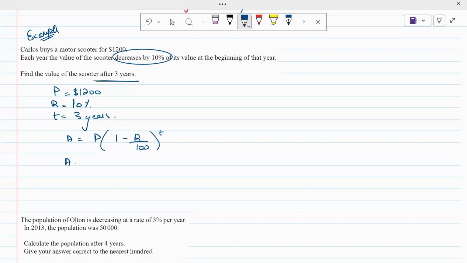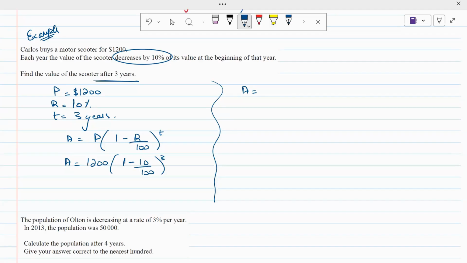So A, that is to be found, the decreased value, the depreciated value. Initial value, it was 1200. 1 minus the rate is 10 upon 100 whole power 3. So we get the depreciated value as 0.9 raised to the power 3 multiplied by 1200.